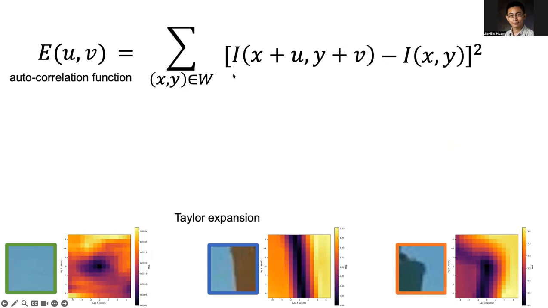The reason you want the approximation is that, to determine whether a location is easy to track or not, you would need to look at all the possible u and v and see whether that's good to track or not. So it's very computationally expensive.